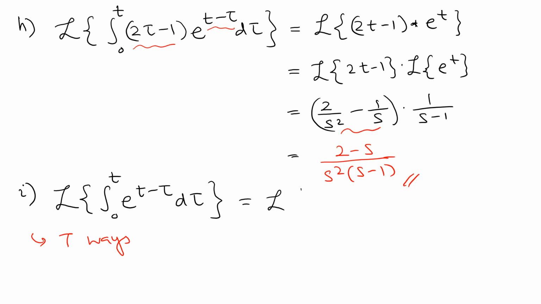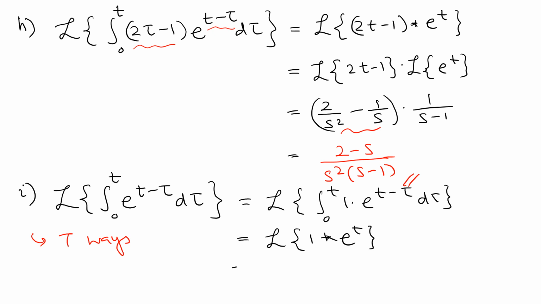You can write this one as the integral from 0 to t of 1 times e to the t minus tau d tau. That means the other function is 1. So this is a convolution between 1 and e to the t.